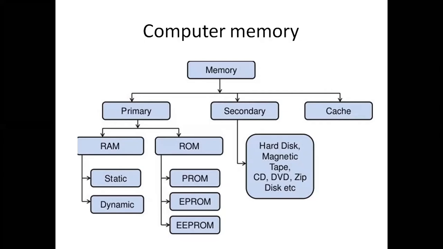So ROM, EPROM and EEPROM. These are the types. And in the secondary memory, we have hard disk, magnetic tape, which is not being used in today's days. In olden days, it used to be used. CD, DVD, zip, etc.